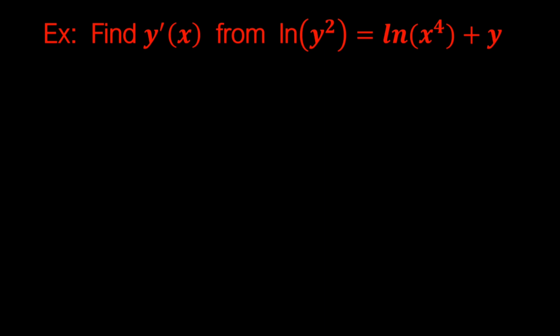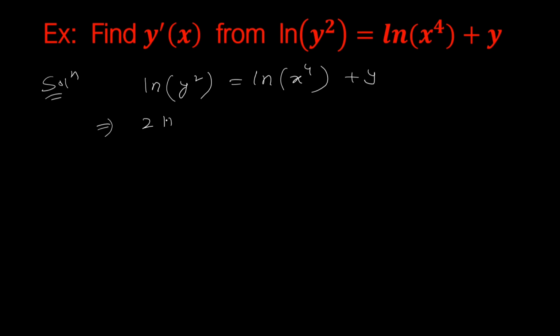Next we have an implicit function involving ln, so we'll try to find the solution here. So ln y square is equal to ln x to the power 4 plus y, which can simply be written as 2 ln y is equal to 4 ln x plus y.